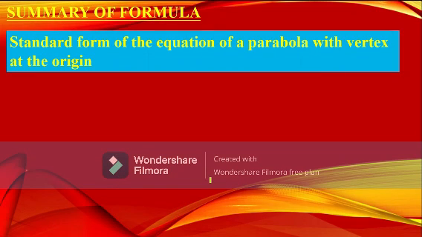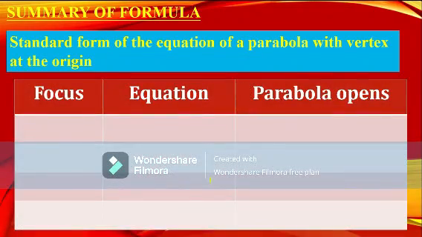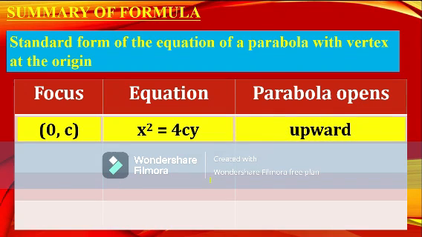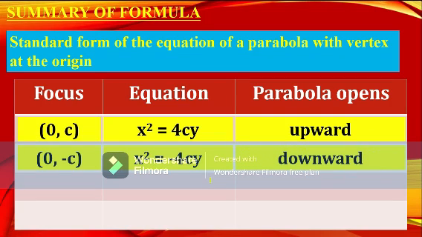Okay. The standard form of the equation of a parabola with vertex at the origin. So if the vertex is the origin, meaning h and k are equal to 0, the focus would be (0, c), and the equation will be x² = 4cy, and the parabola opens upward. If the focus is (0, -c), the equation would be x² = -4cy, and the parabola opens downward.